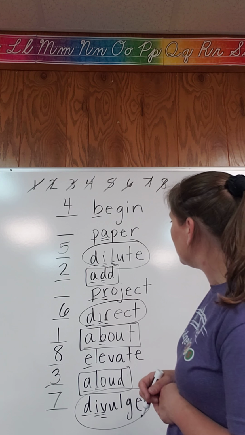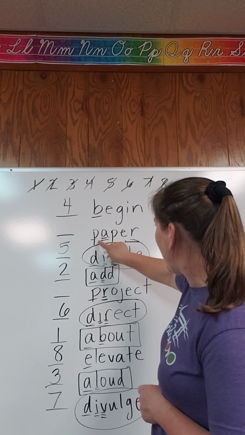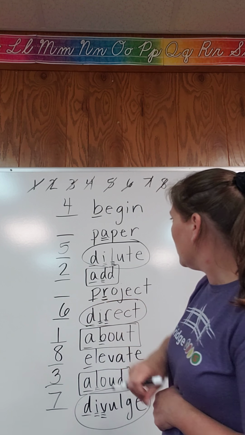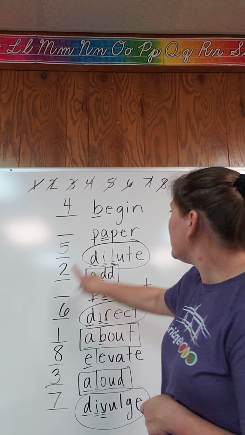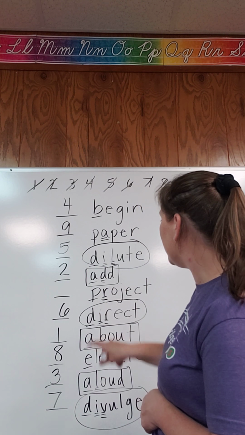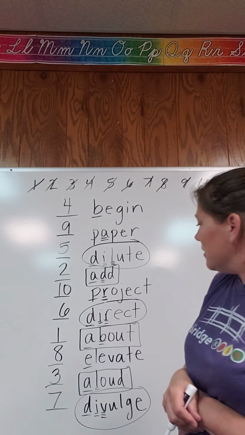There's our P's. So is it going to be P-A or P-R coming next? You guessed it. It's going to be P-A. That makes paper number 9 and project number 10.